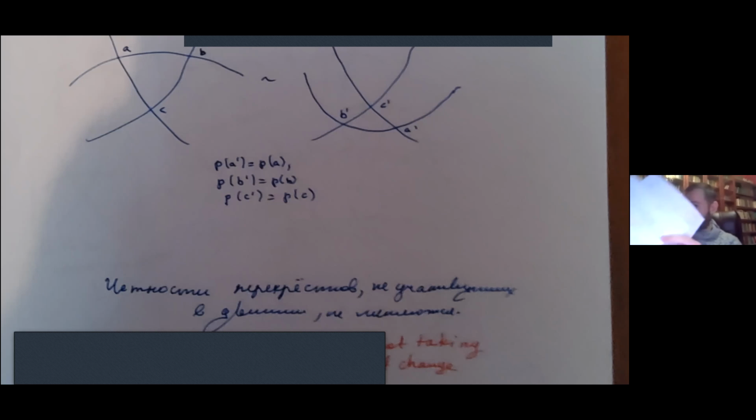Это значит, что мы можем иметь либо три четных перекрестка, либо три перекрестка, из которых один четный, а два других нечетных. Итак, нечетных перекрестков либо 0, либо 2. And also, either all crossings are even or two of them are odd.